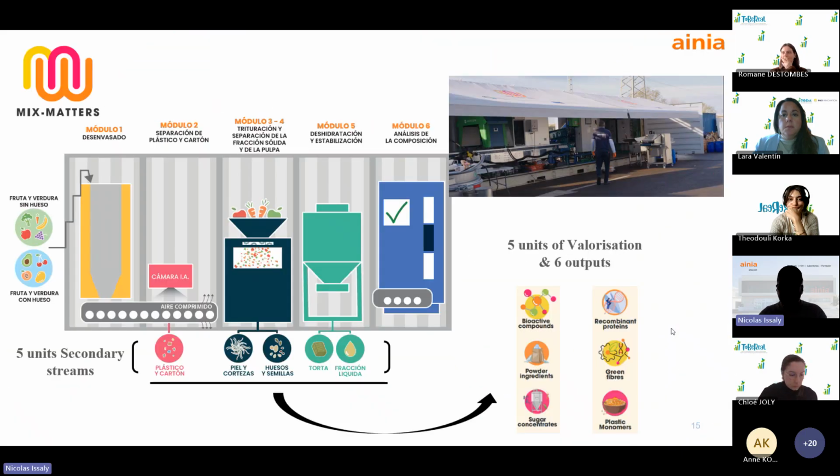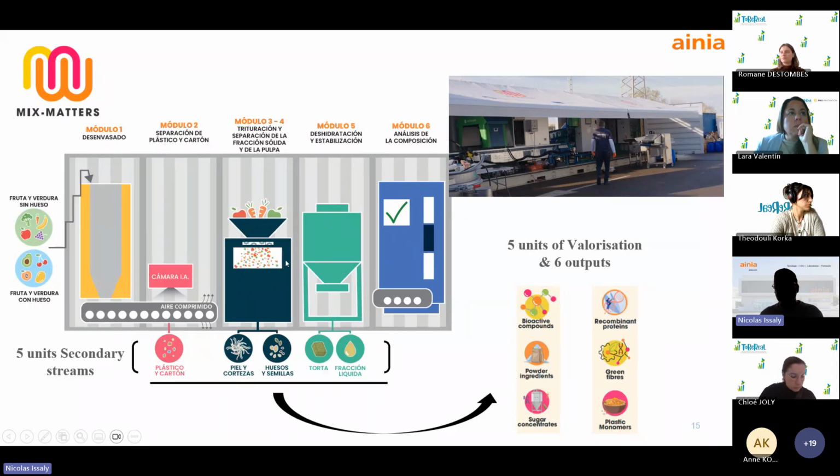I will not present the separation unit in detail, but just to give you a small idea, we have 2 big innovations. The first one is from a partner based in London, in England, who developed a technology to sort with cameras and near-infrared ejection systems with the support of artificial intelligence.